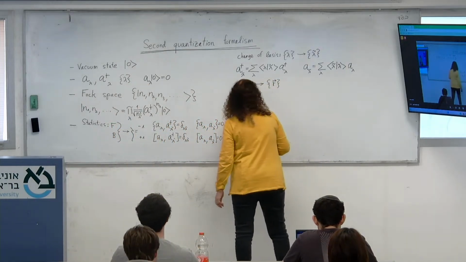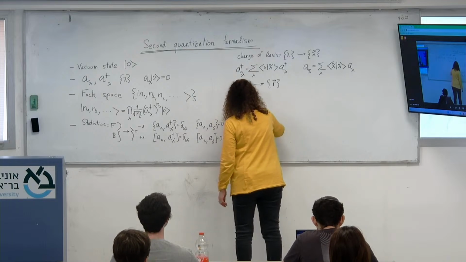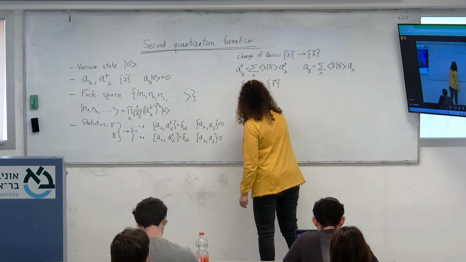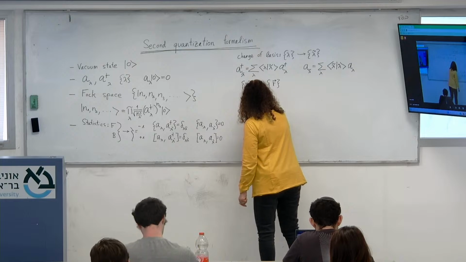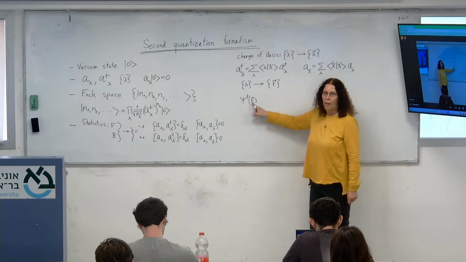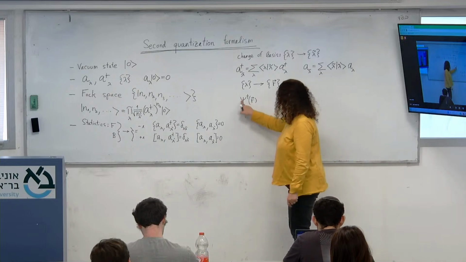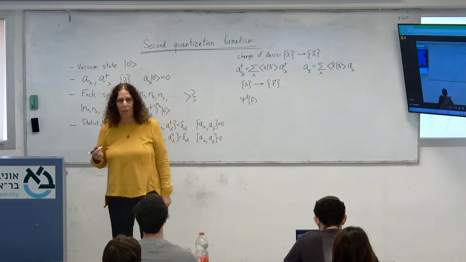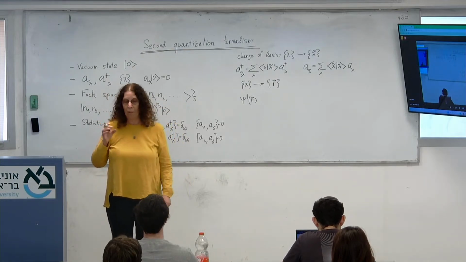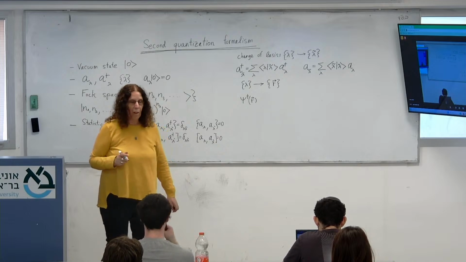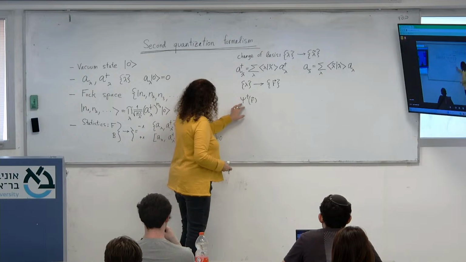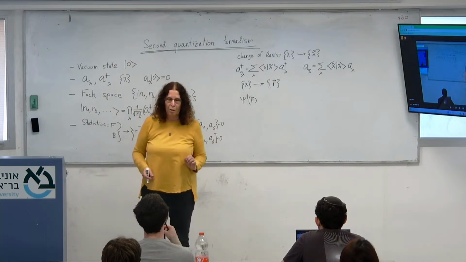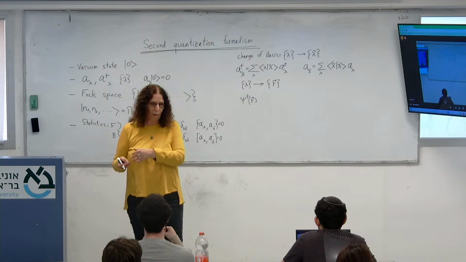So the application of this general formula to real space is that the creation operator for a particle at position R, which I'm denoting by psi just for bookkeeping of the fact that it's an operator that has units of 1 over square root of the volume, because psi dagger psi is going to be a density operator, so it has to have units of 1 over the volume.